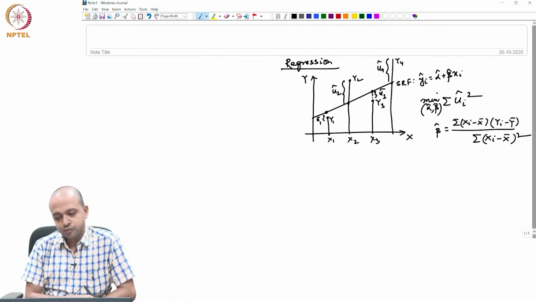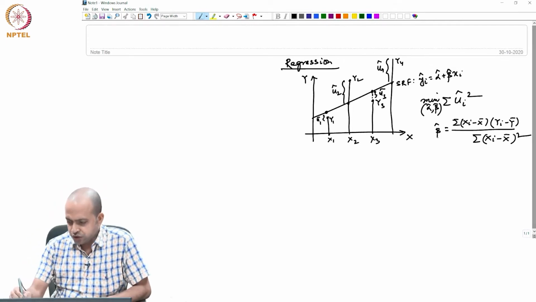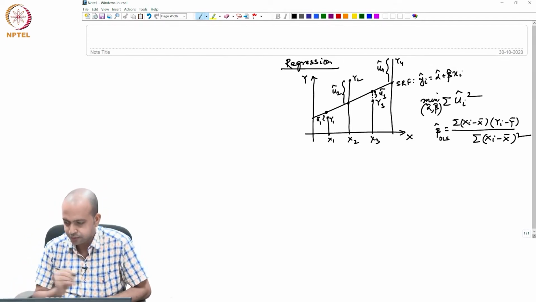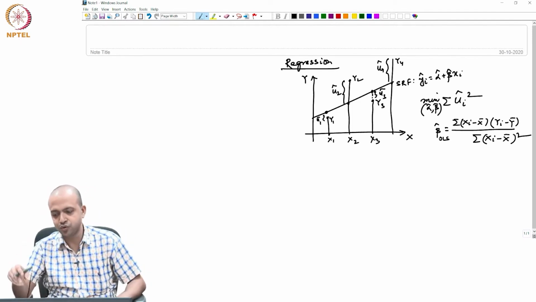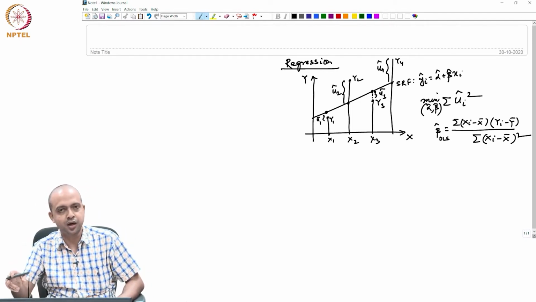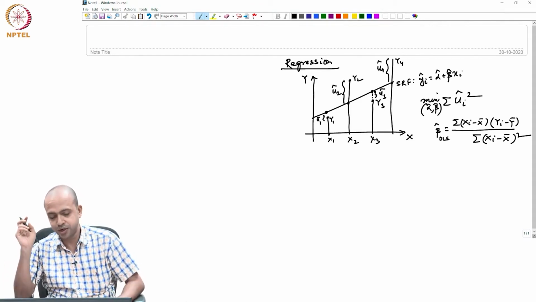Okay, this is your beta hat OLS, because we have estimated this by minimizing the sum of predicted error square. That is why it is called ordinary least square technique.